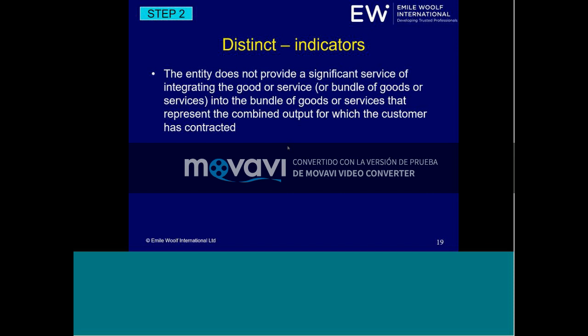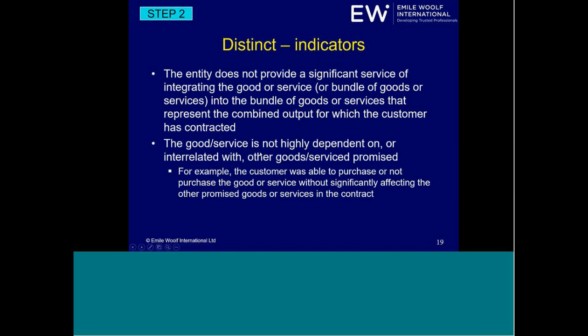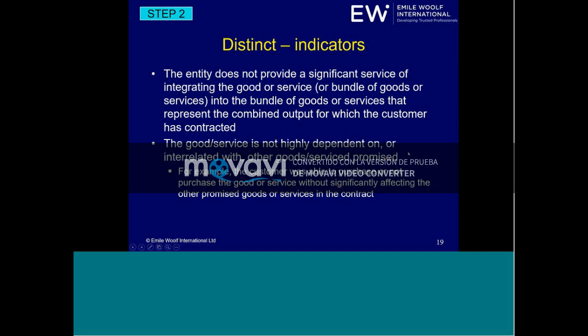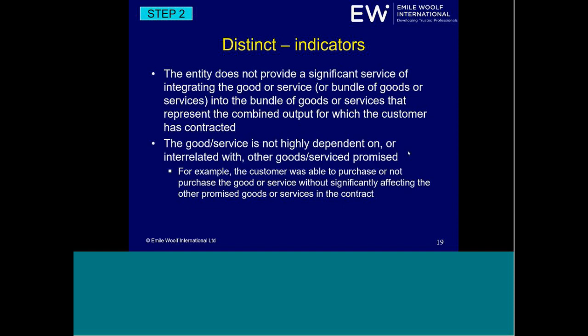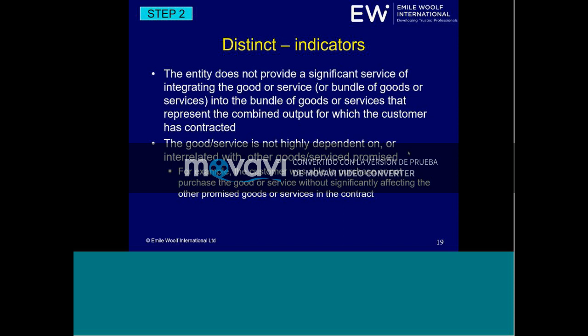The good or the service is not highly dependent on or interrelated with other goods or services. The customer is perfectly able to say yes, no, and choose whether they buy that good on its own or together with other promised goods or services. Take it or leave it. The customer has got that freedom to take it or leave it. Then presumably it's a fairly distinct item.